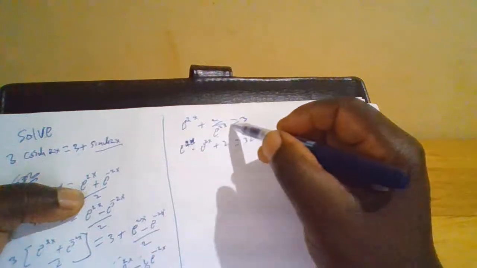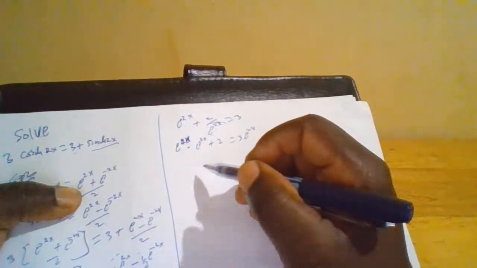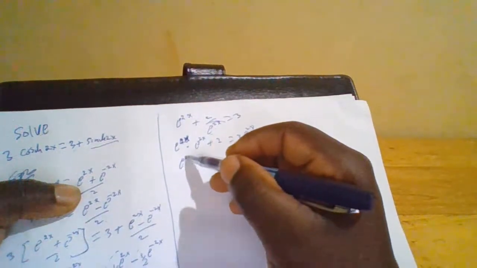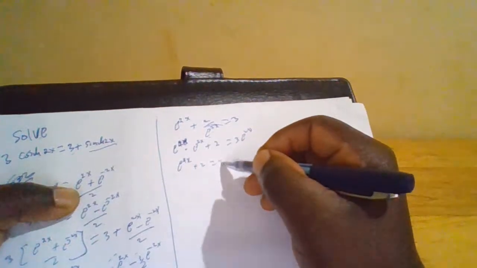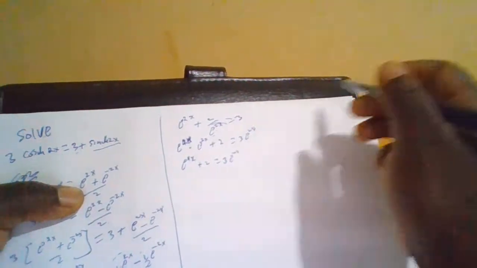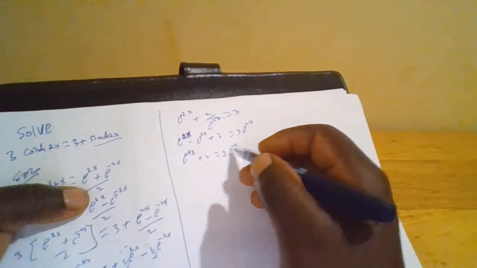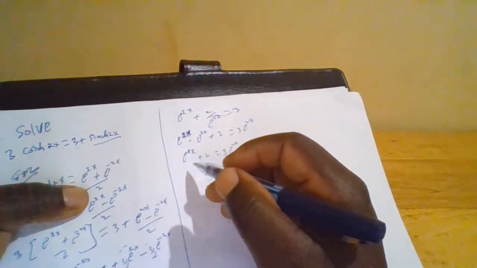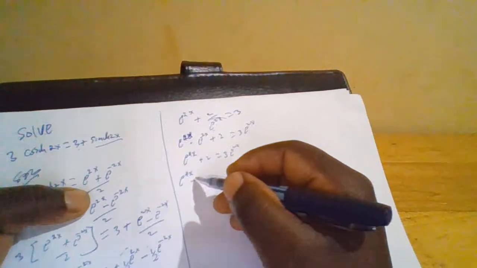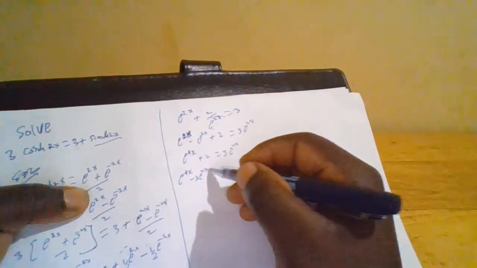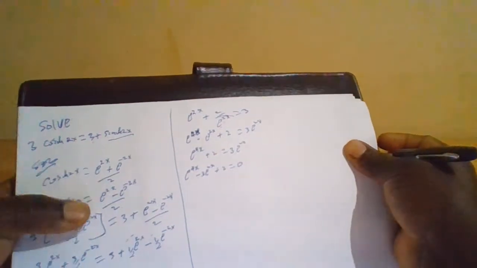We are multiplying through by e^(2x). So e^(2x) times e^(2x), we have e^(4x) plus 2 equals 3e^(2x). Now we can cross 3e^(2x) to this side, so that we have e^(4x) minus 3e^(2x) plus 2 equals 0.